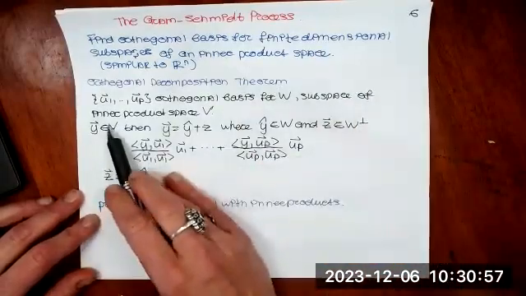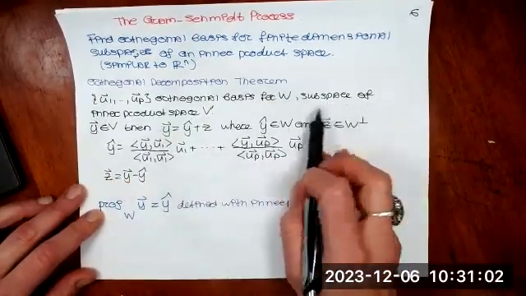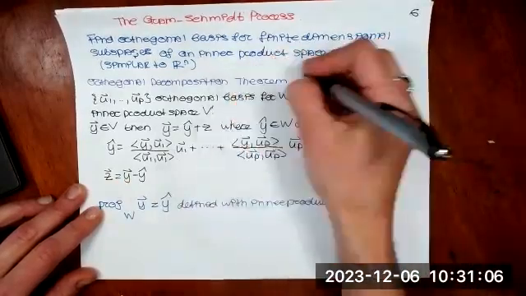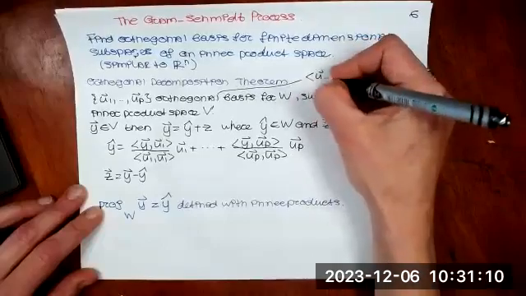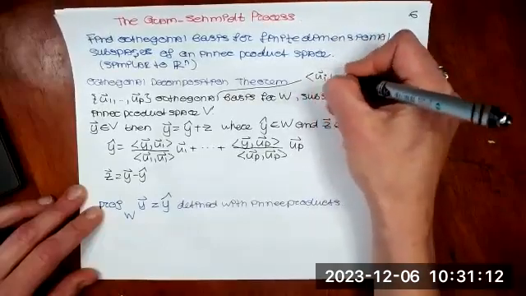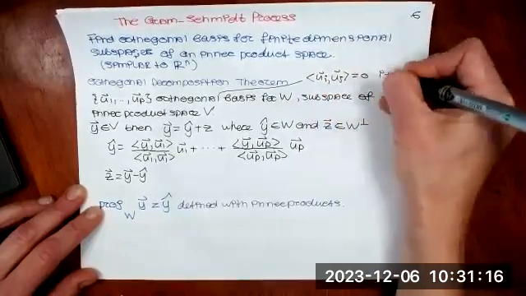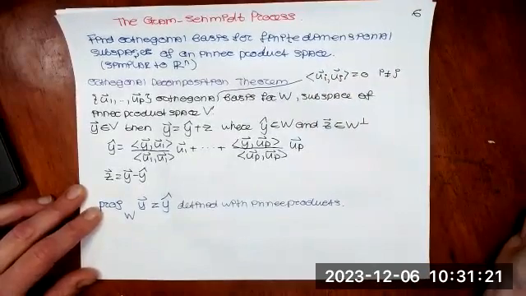If you have an orthogonal basis for W, except now orthogonality is defined in terms of the inner product, meaning that the inner product of ui and uj equals 0 for i not equal to j, and not just the dot product.